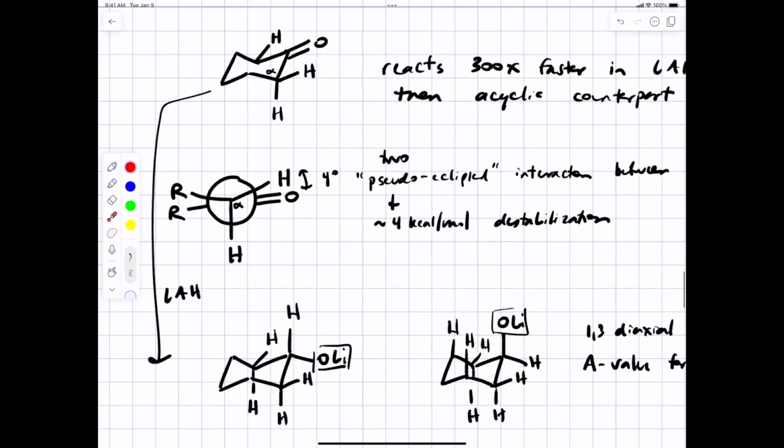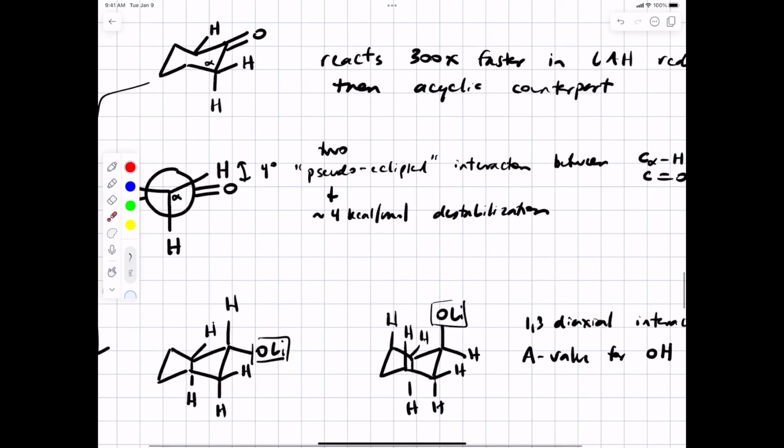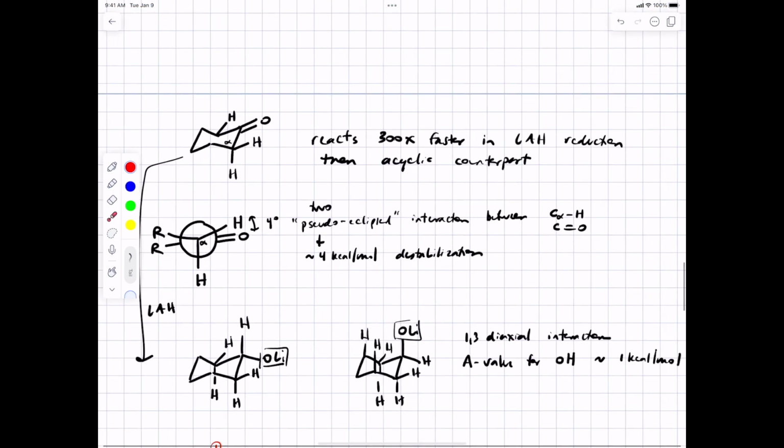In the cyclic ketone, those equatorial alpha protons are basically eclipsed with the carbonyl group, and therefore when addition happens, you relieve that pseudo-eclipsed interaction, which ends up being worse and less favorable than any of the 1,3 diaxial interactions that you introduce. And so that's one of the reasons why the ketone reacts faster.